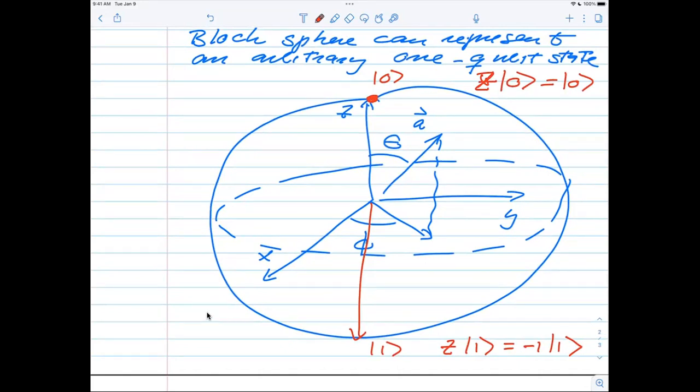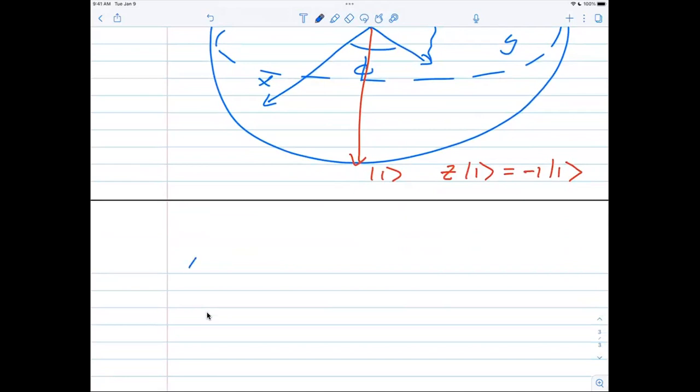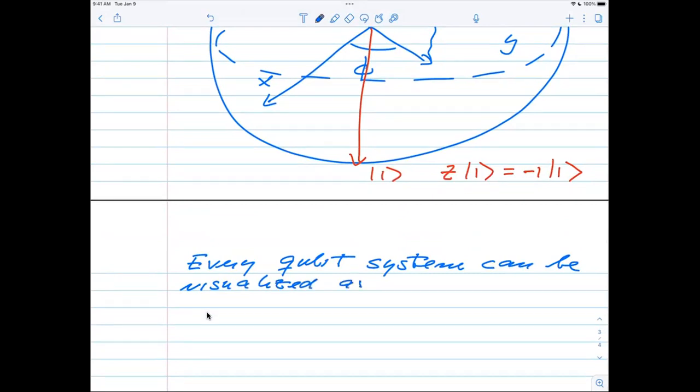So every single qubit can be visualized as a point on a 3-dimensional sphere.